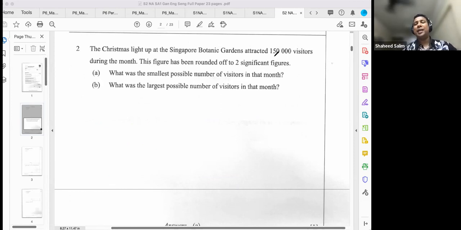Now this one is slightly different. They say after they round off to two significant figures, the answer is 150,000. So they're asking you now, what is the smallest possible number when you round off to two significant figures? And what is the largest possible number?